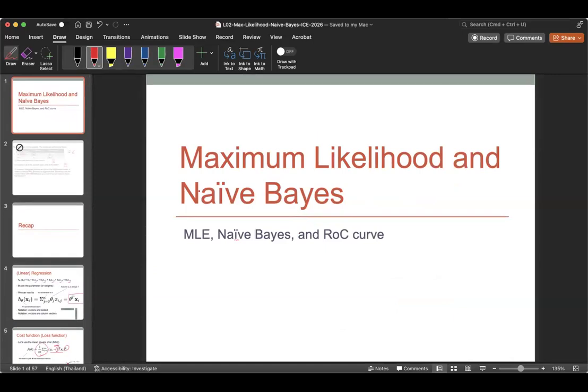This time we're going to look into probability and how we can estimate probabilistic models, and we'll use this tool to help us work on logistic regression, which we left out last time.